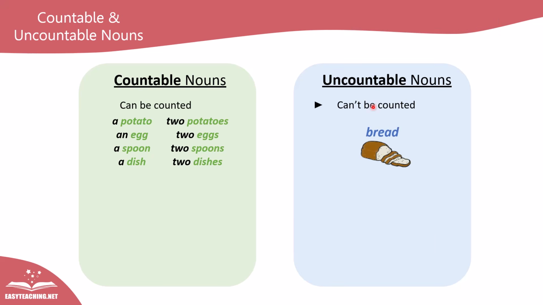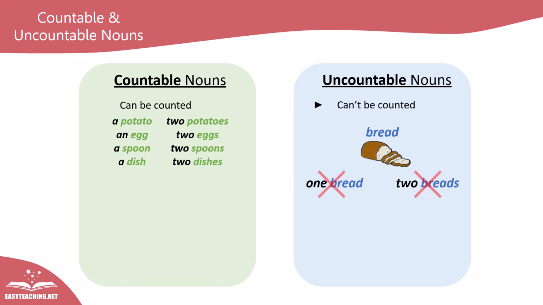Bread is another noun that can be confusing. We might think of bread as a single item, but it's actually an uncountable noun. That means we don't say 1 bread or 2 breads. Bread is a general word for many types of bread, like bagels, baguettes, and burger buns.